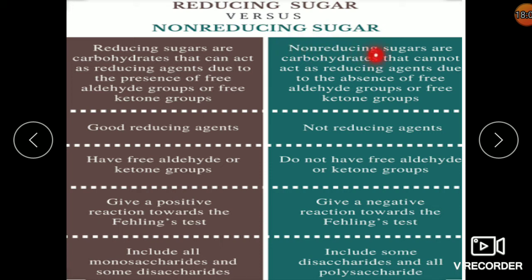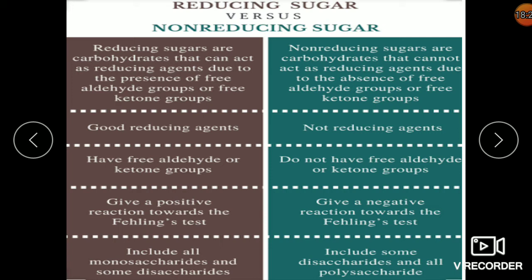Now what is a non-reducing sugar? These are the carbohydrates that cannot act as reducing agents because they lack the free aldehydic or ketonic group. Reducing sugars have a free aldehyde or ketonic group, non-reducing sugars don't have this. Reducing sugars give a positive reaction towards the Fehling test.